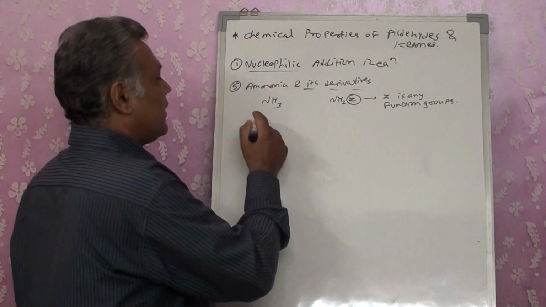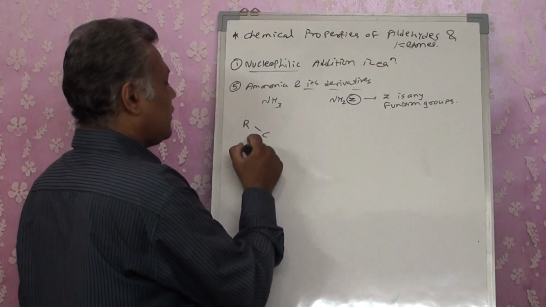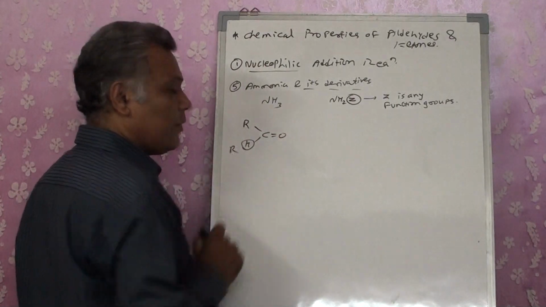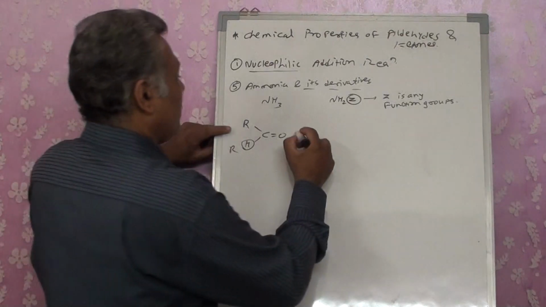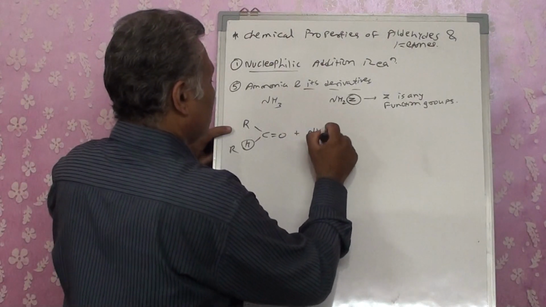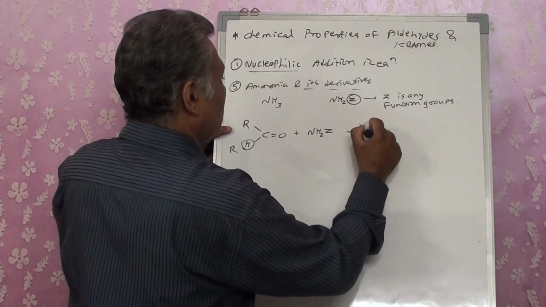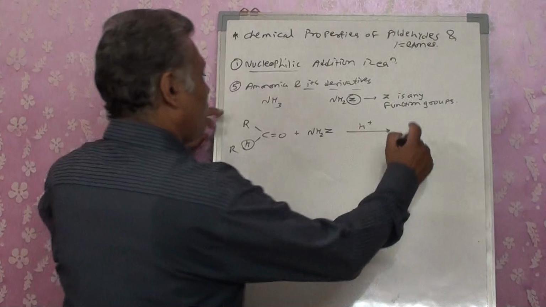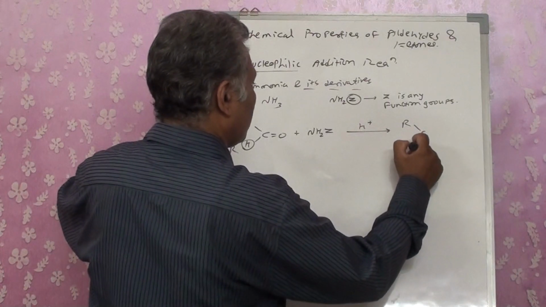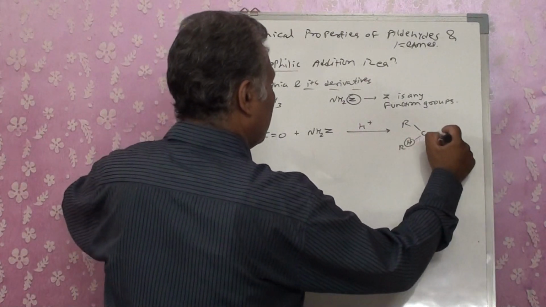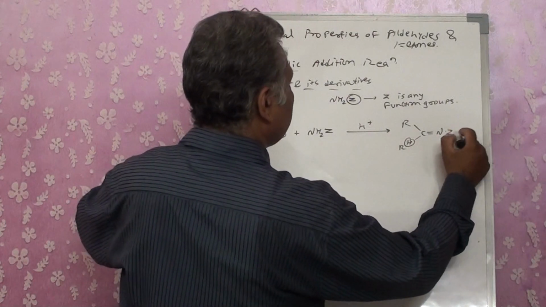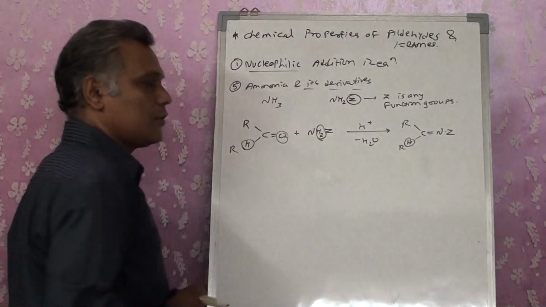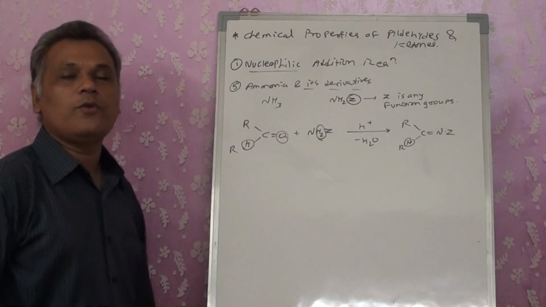Aldehydes or ketones react with it in acidic medium. That time the compound gets converted into C=NZ and H2O, which is given out as a byproduct.